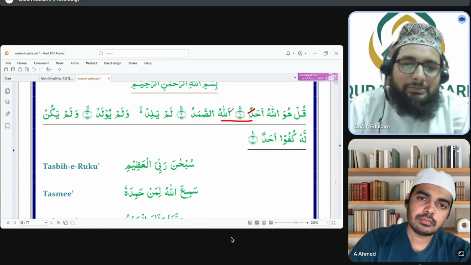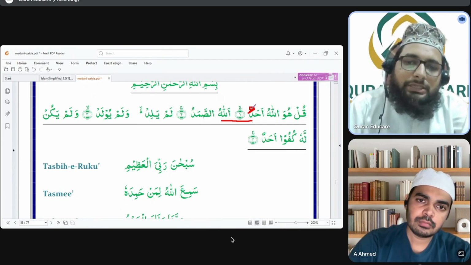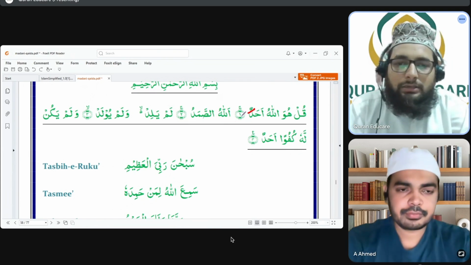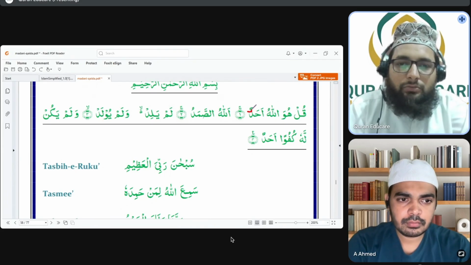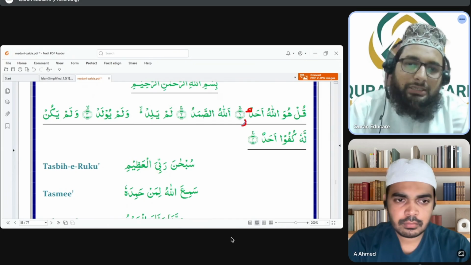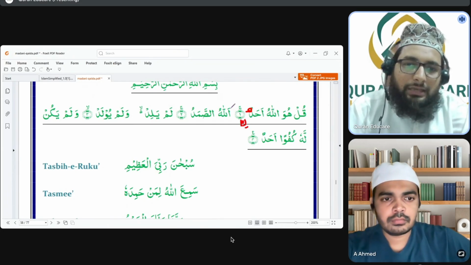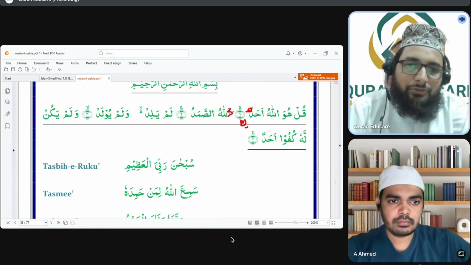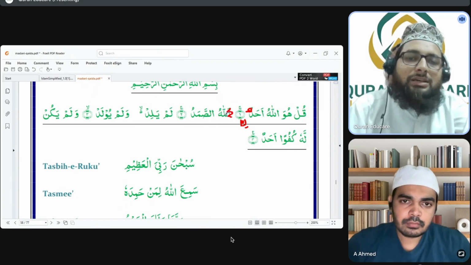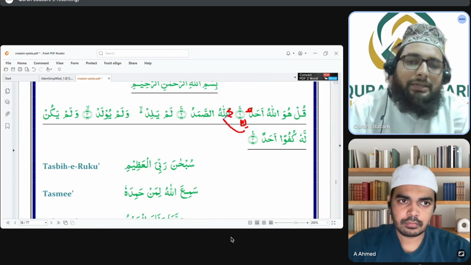After tanween there's a hamza wasli, so I'm changing that two zabar into one zabar. Like qul huwallahu ahadun illahu samad, there will be noon qutni, and this hamza will drop. I'm joining this noon with this lam.